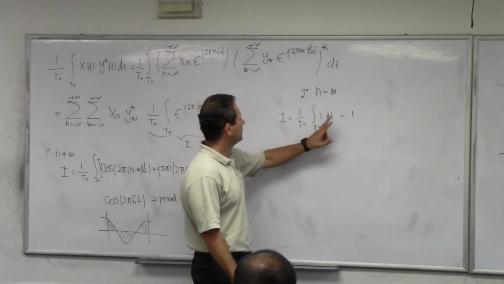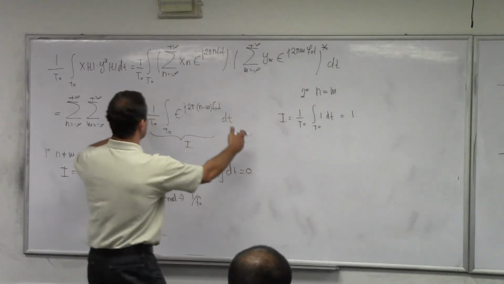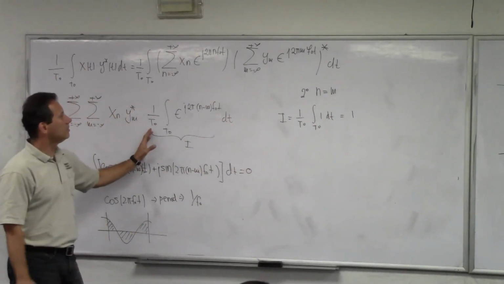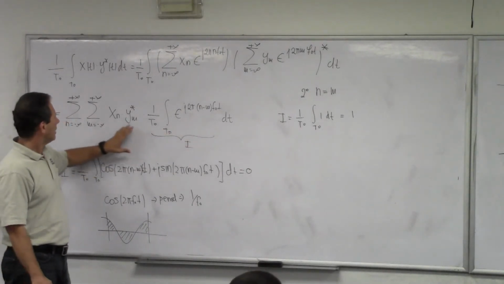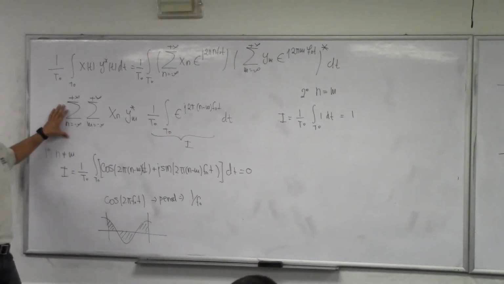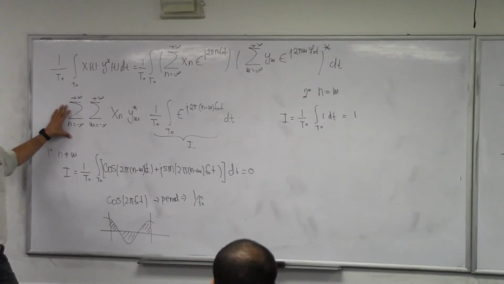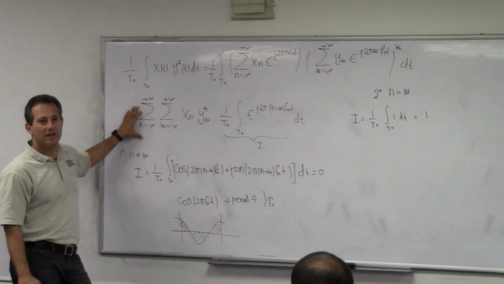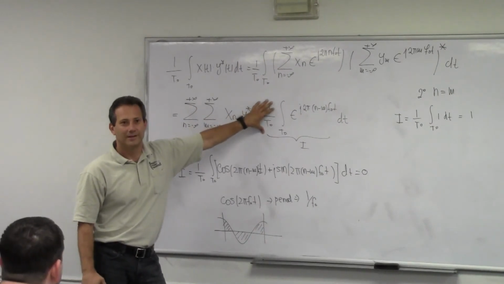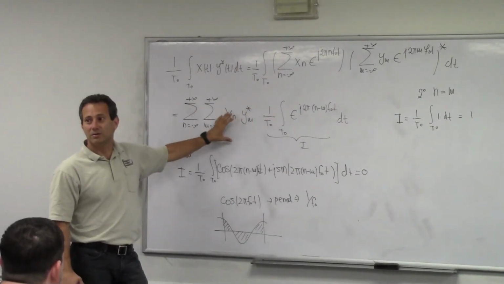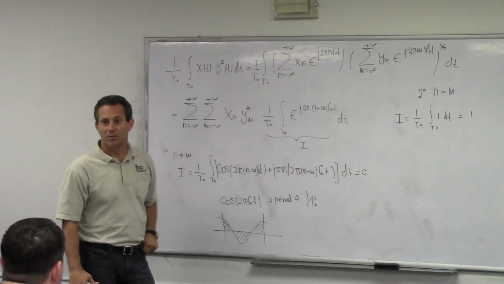So now that I have the value for n equal to m, this integral is only non-zero when n is equal to m. So it appears that I'm having a double summation here, but I'm not. Every time n is different than m, this integral kills it, right? And whenever n is equal to m, this integral gives it 1.